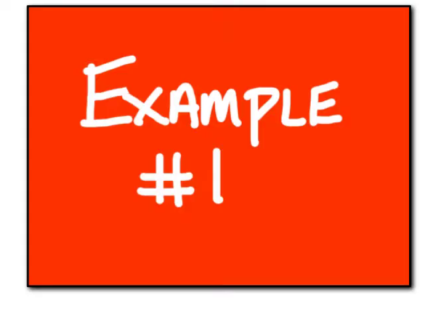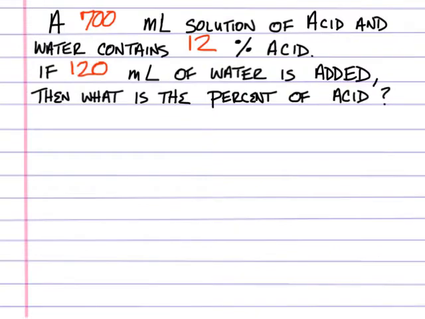Example number 1. A 700 milliliter solution of acid and water contains 12% acid. If 120 milliliters of water is added, then what is the percent of acid? So we know that 12% of this 700 is acid.